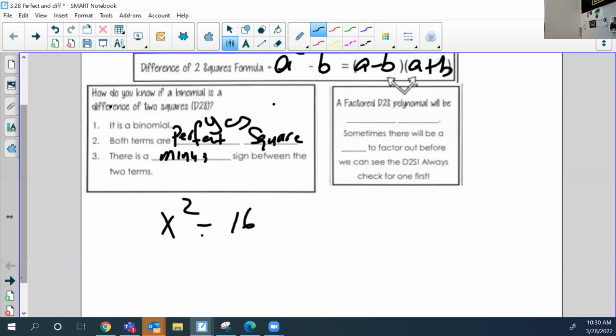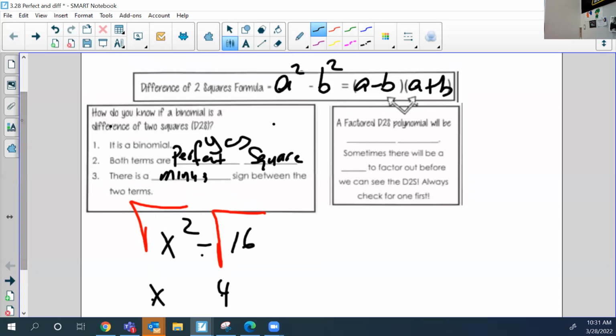When that is the case, this is how you find the factors. You take the square root of the first term, the square root of the second term. The square root of x squared is just x. The square root of 16 is 4. All right, so this is your A and that's your B. And according to the formula, right?